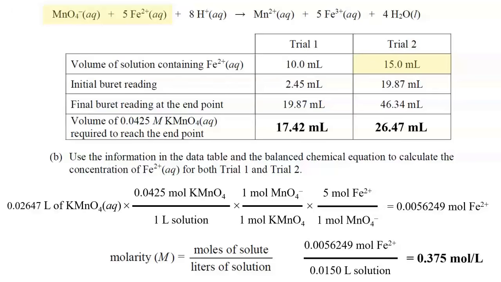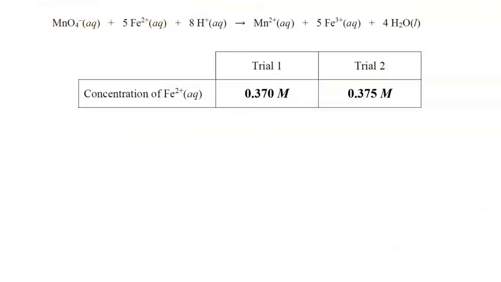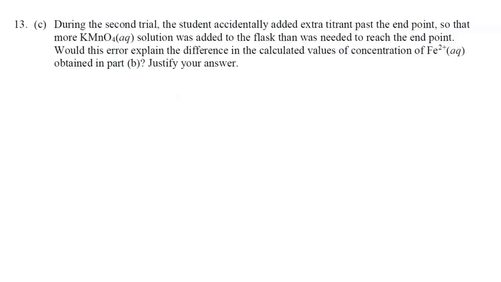So my answer to part B, the concentration of iron for trial 1 and trial 2, 0.370 and 0.375. So as we can see from the data for trial 1 and trial 2, the concentration of iron 2+ values are pretty similar to each other, but the value for trial 2 is slightly higher than the value for trial 1. Let's go ahead and talk about part C.